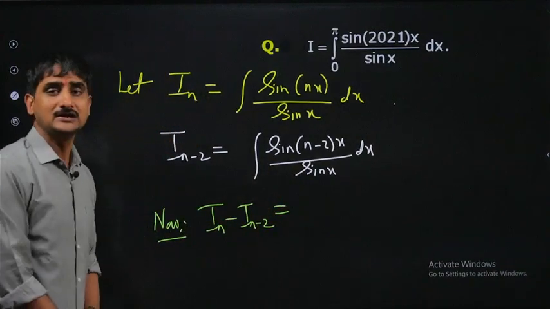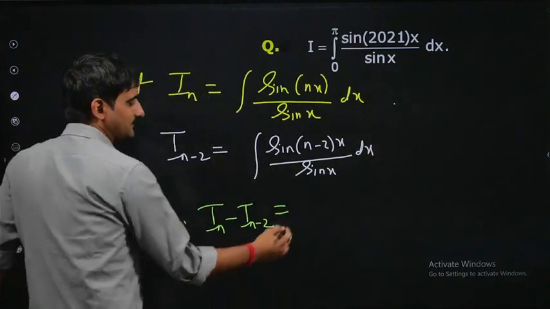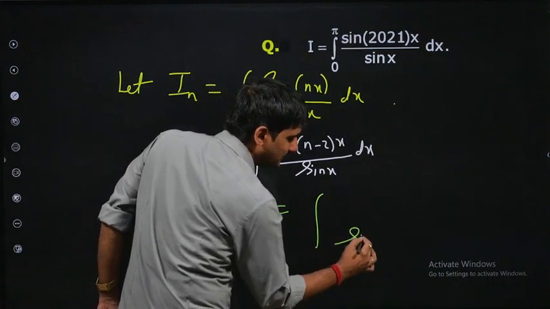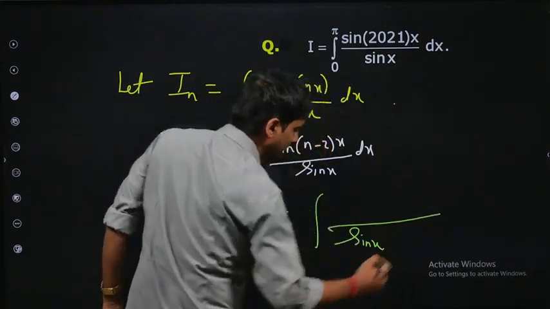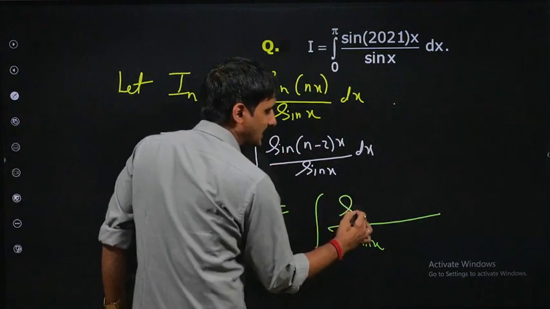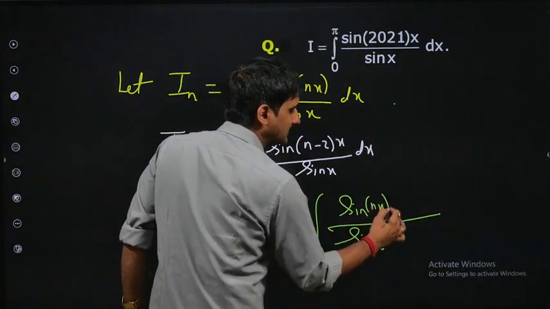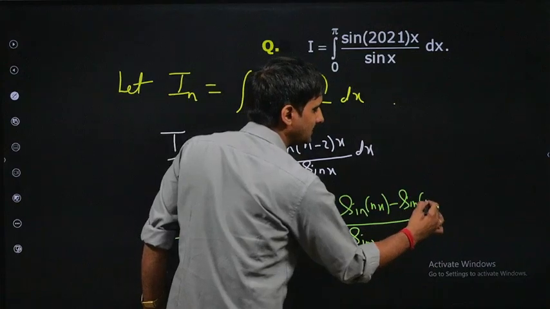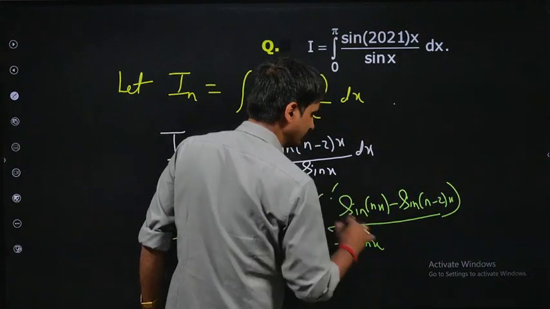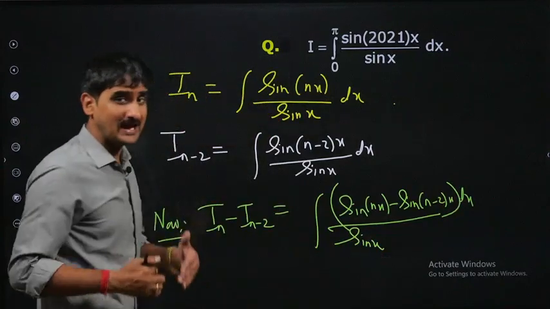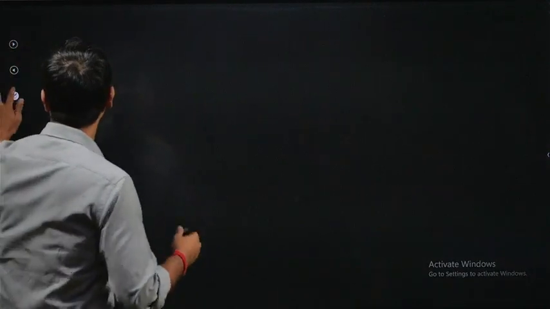I_n minus I_(n minus 2). So write it. It's sine x in the denominator, which of course is common in both the integrals. So you have sine of nx minus sine of (n minus 2) times x with respect to x. So sine a minus sine b, how much is it?